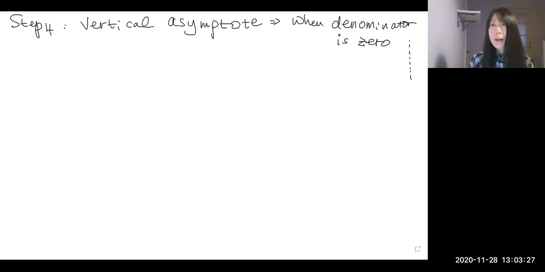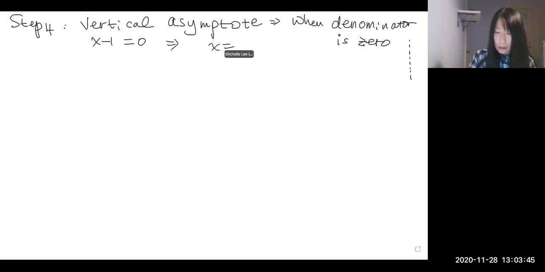So we knew that when we found the domain, x cannot be equal to 1, right? So there is a vertical asymptote. Looking at the denominator, x - 1 = 0, then x = 1. This is a vertical asymptote, okay?